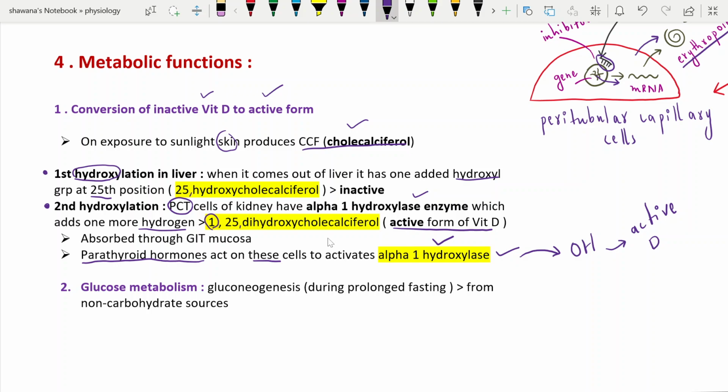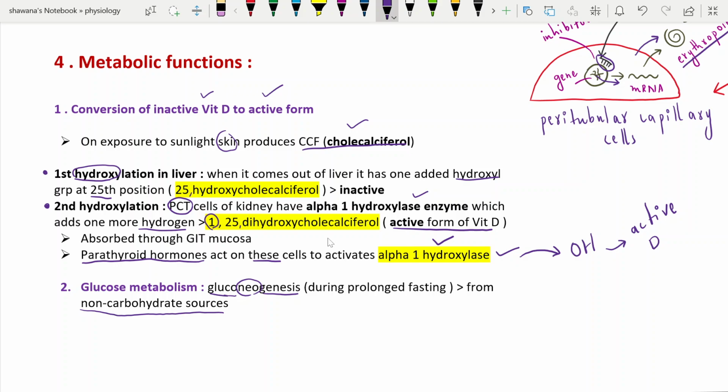So we must synthesize new glucose, which is known as gluconeogenesis: gluconeo means new, genesis means producing. The part worth mentioning is that gluconeogenesis uses non-carbohydrate sources for the production of glucose, for example amino acids and fatty acids.